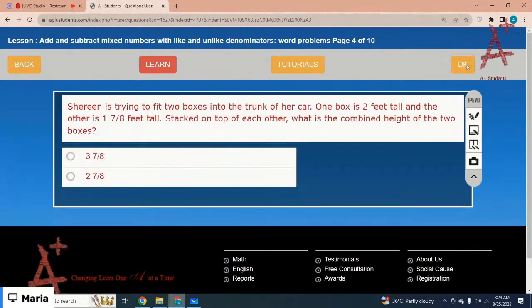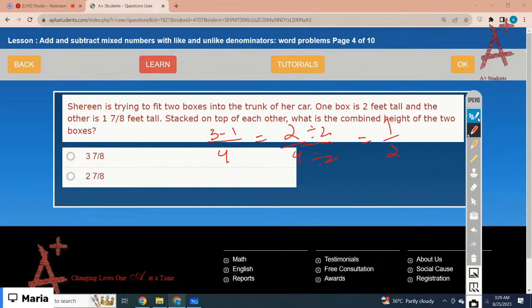Okay, Shireen is trying to fit 2 boxes into the trunk of her car. One box is 2 feet tall and the other is 1 whole 7 over 8 tall. Stacked on top of each other, what is the combined height of the 2 boxes? So you have to add, right? 2 plus 1 whole 7 over 8.